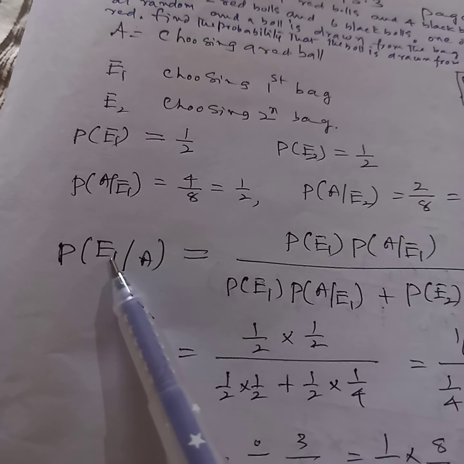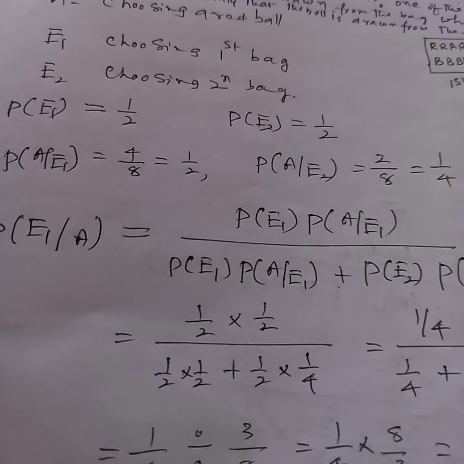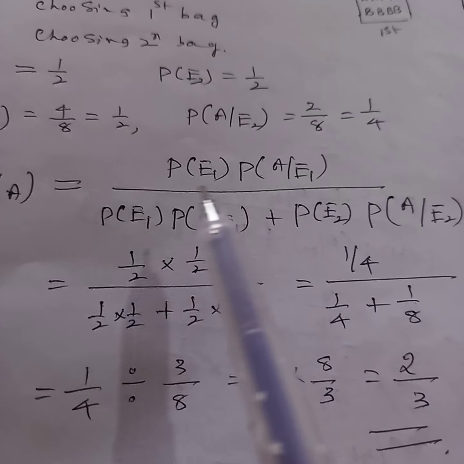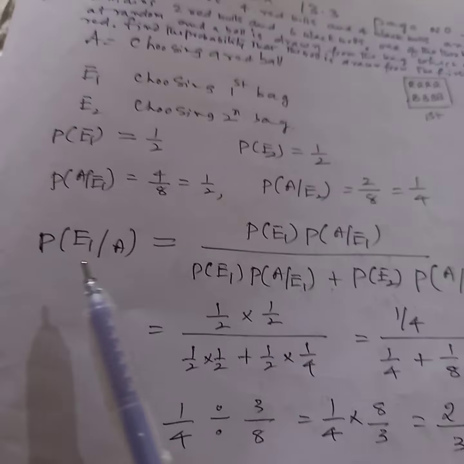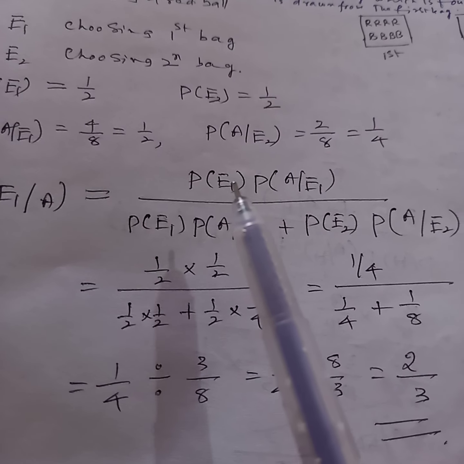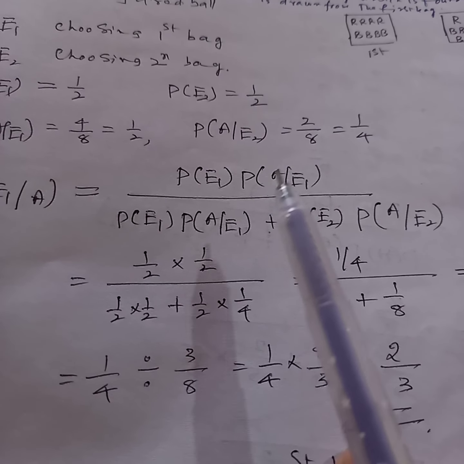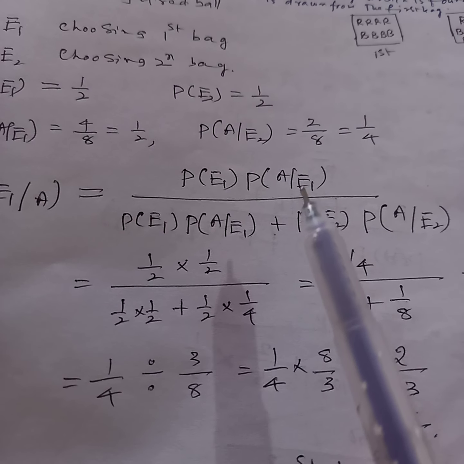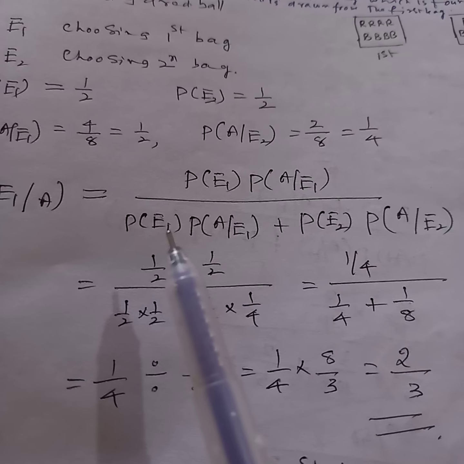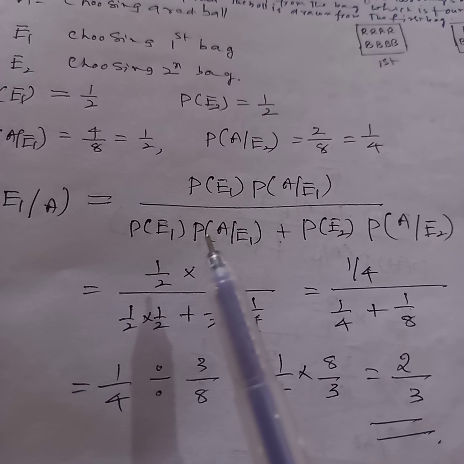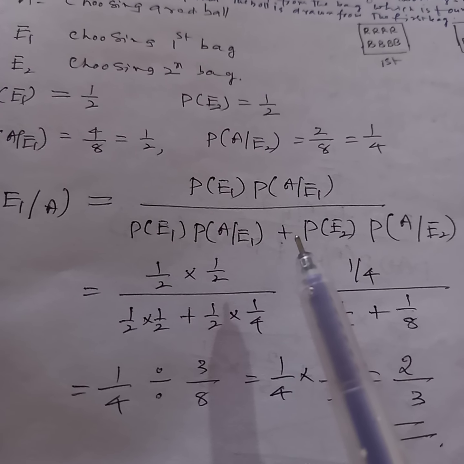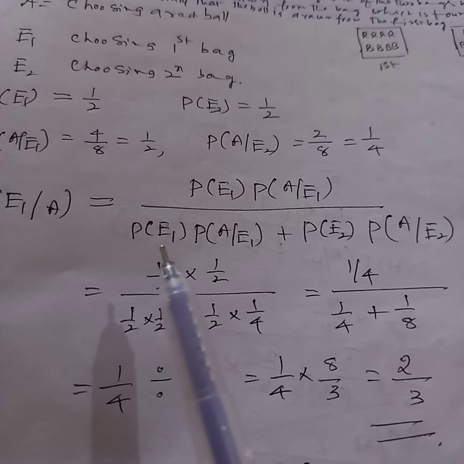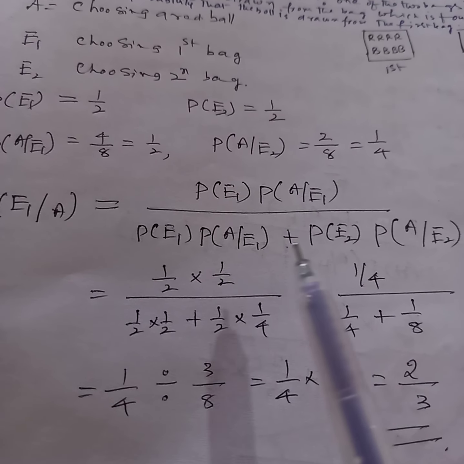And we have a formula here. Look at the formula. P(E1) P(A|E1) divided by P(E1) P(A|E1) plus P(E2) P(A|E2). See, in place of E1 we write E2, that's all.